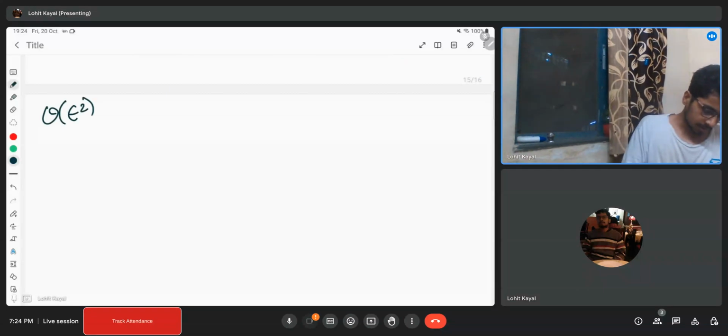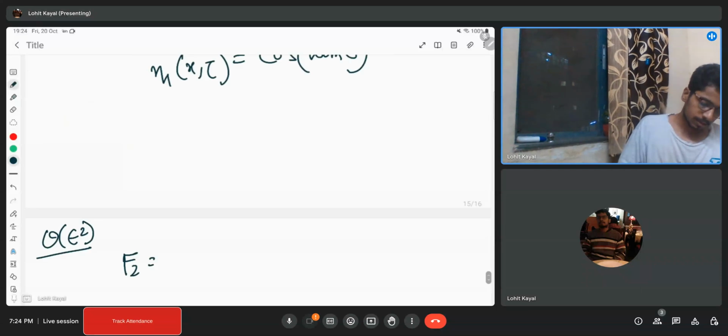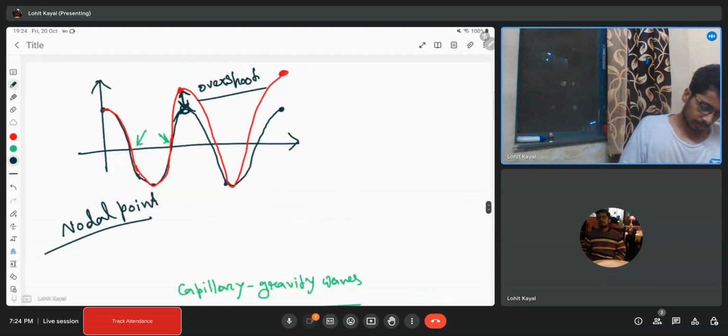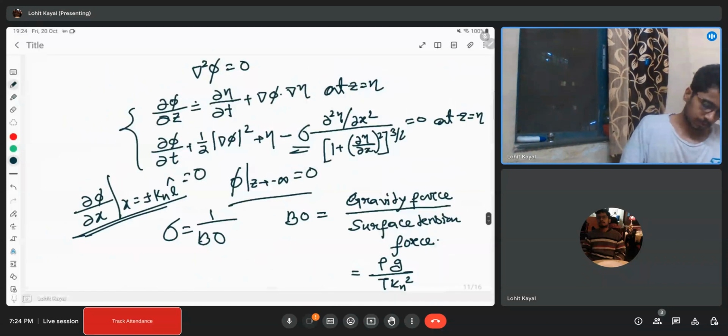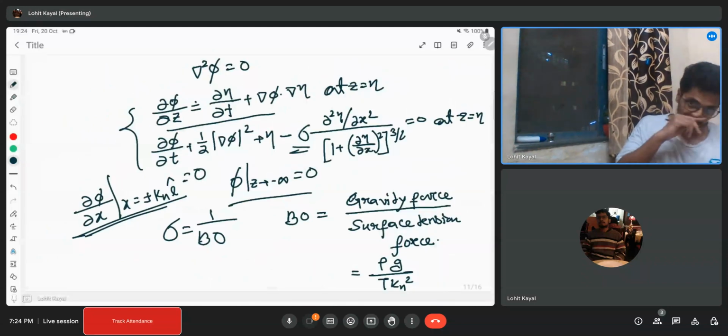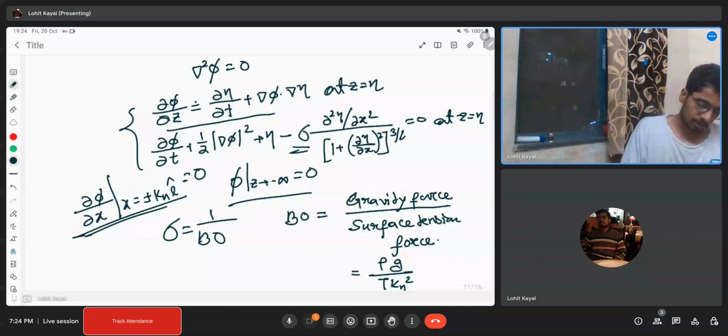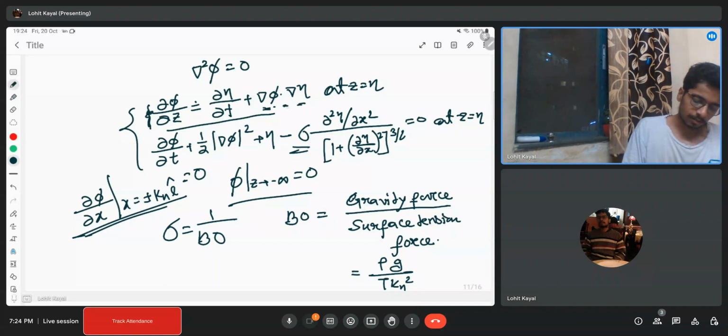So order ε square. So now f2. So this is the full differential equation at z equal to η. Now we are applying it at z equal to 0. So we will get contribution from this term, okay, because it will be ∂²φ/∂z² into η1. That will be one contribution, and from this term we will get a contribution at second order as well.